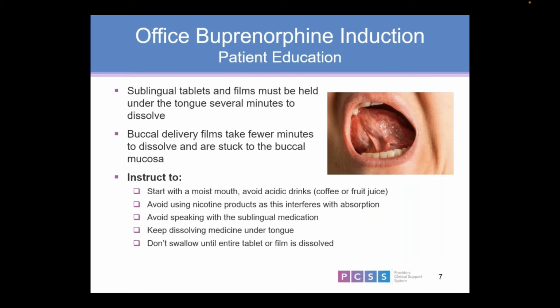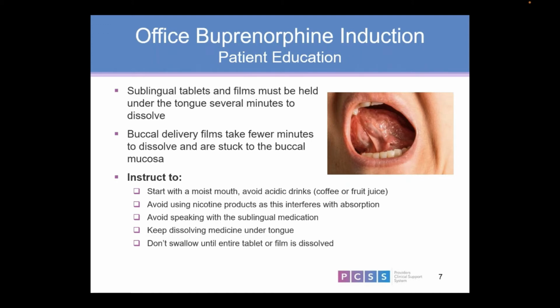If they're having those sorts of symptoms, then clearly they're ready to initiate the medication. When we give instructions, and it's real important that you give instructions on how to properly administer the medicine, it is typically sublingual. There is one product that actually sticks to the side of their cheek. That's a product called Bunavail. But the common products, the generic and film tablets, are held under the tongue.